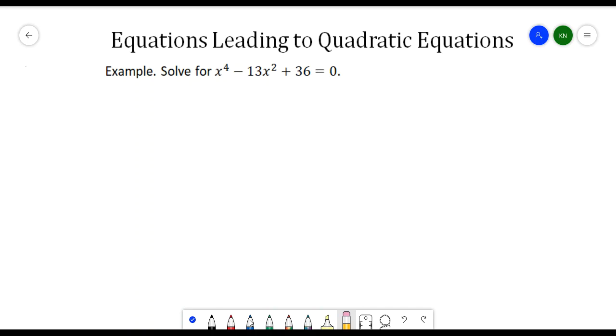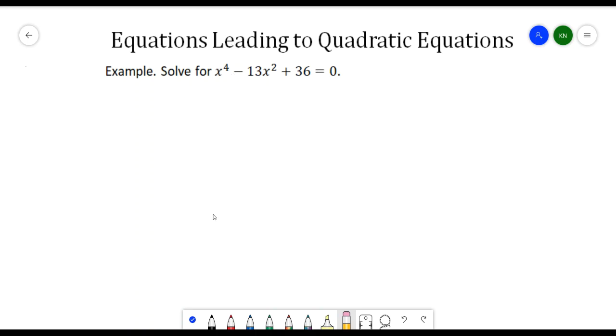We also have that here in quadratic equation. So we have here, for example, solve for x raised to 4, or x to the fourth minus 13x squared plus 36 is equal to 0.